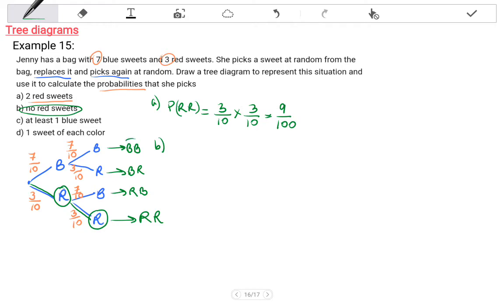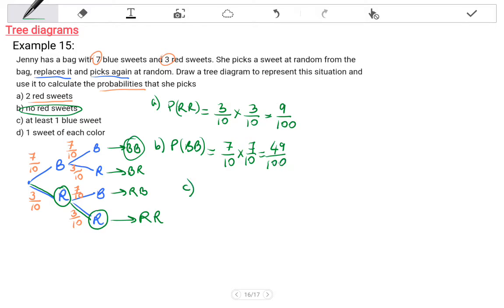I only have this case without red. Okay, so blue and blue is the wanted one now. So I'm going to multiply the probability values of the branches. So it is 49 over 100.